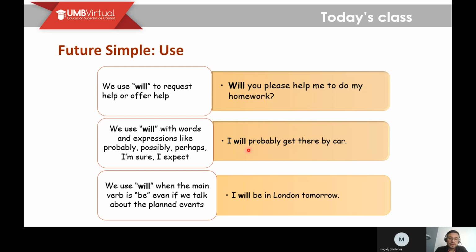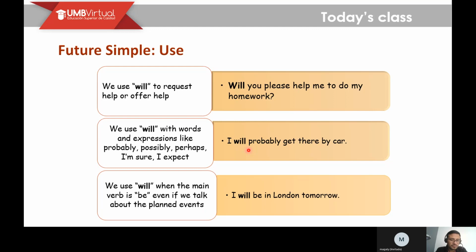We use will with words and expressions like probably, possibly, perhaps, I'm sure, I expect. Those expressions help us to put special emphasis on that future action. I will probably get there by car. So you have subject, will, and this expression.